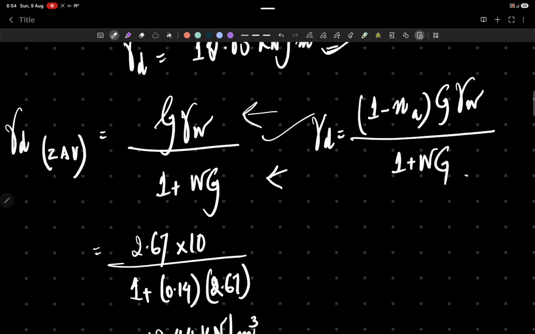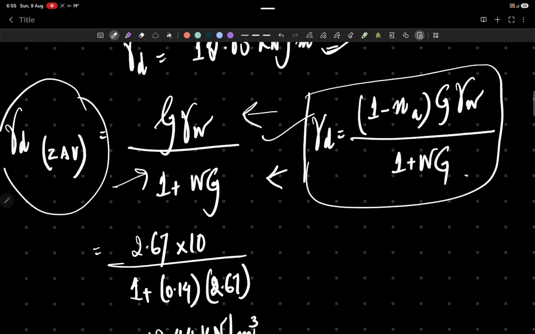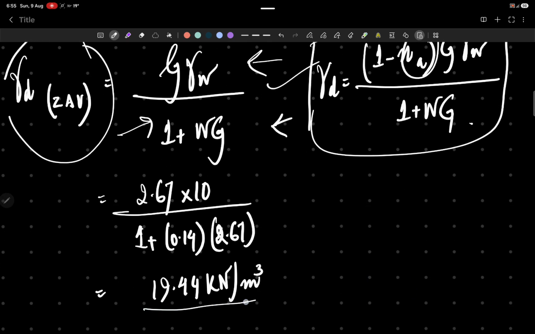So that's why I use this equation for finding out the dry unit weight at 0 air voids. At 0 air voids the air void term will not be present, so the equation will transform to this form: G gamma W divided by 1 plus Wg. That's how I arrived at my dry unit weight at 0 air voids.